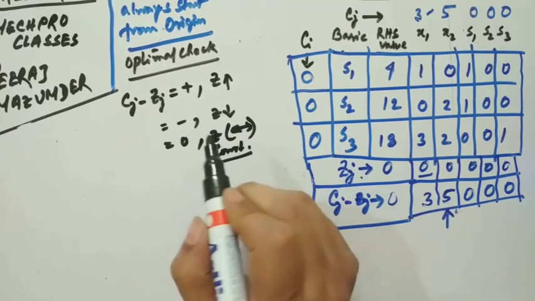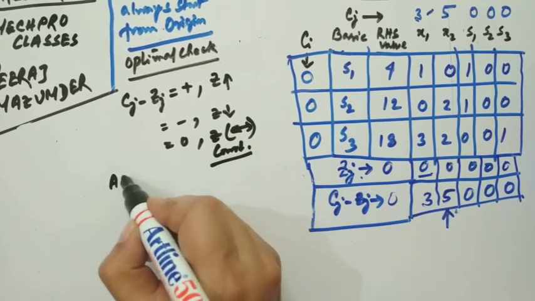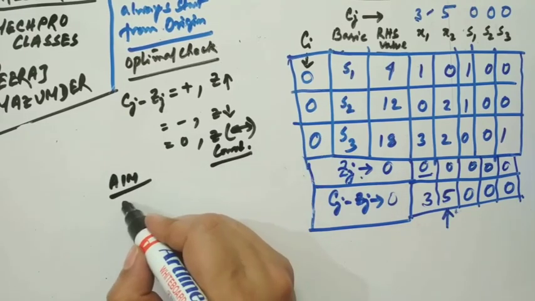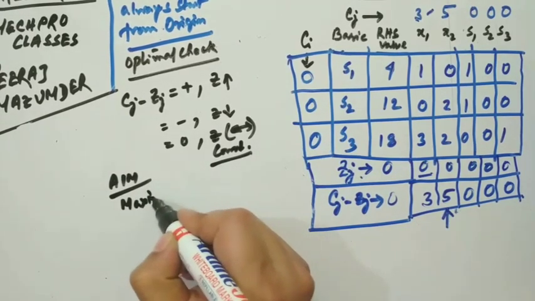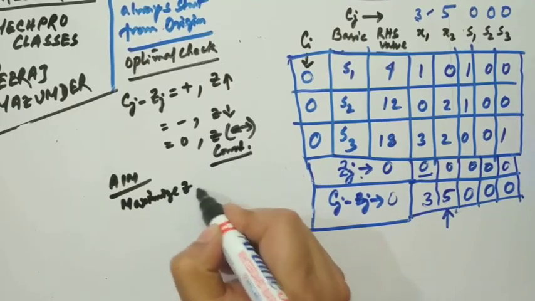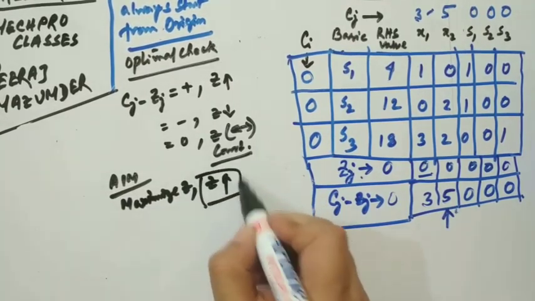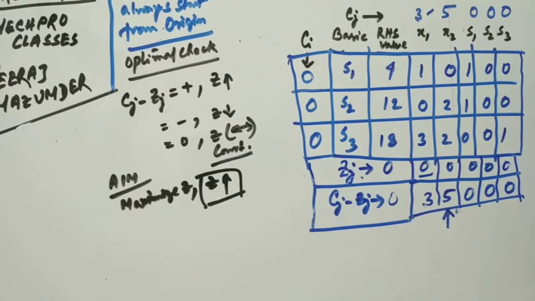Okay, so what is our aim here? This is a maximization problem. Our aim is to maximize Z. That means we have to find up to which table the Z value comes positive.